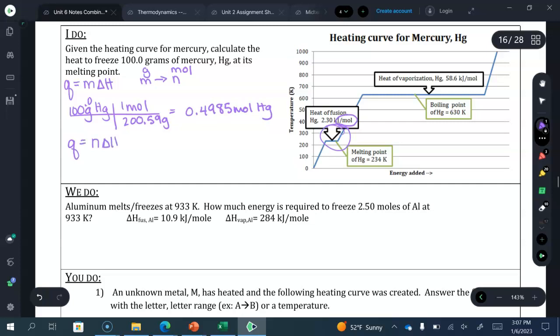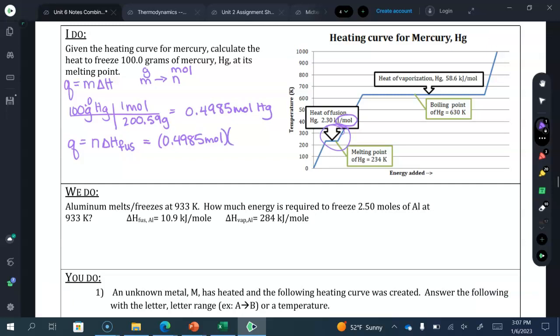Now we can use that in our equation, and we're going to use Q equals n times the delta H of fusion. Plugging in our n, we have 0.4985 moles times our delta H. And since we are melting something, no, we are freezing something.